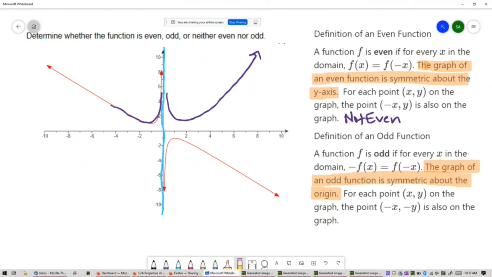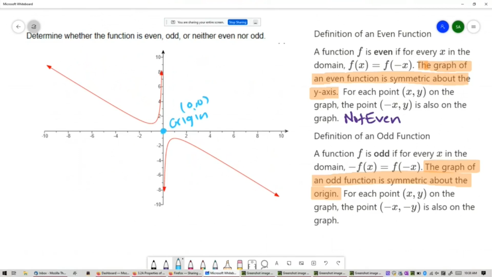So then we want to know if it has symmetry about the origin. Now the origin is this point here where the x-axis and y-axis cross each other. That is the origin, and that is the ordered pair (0, 0).